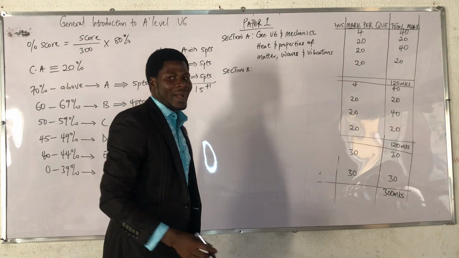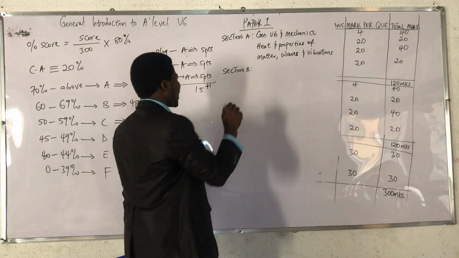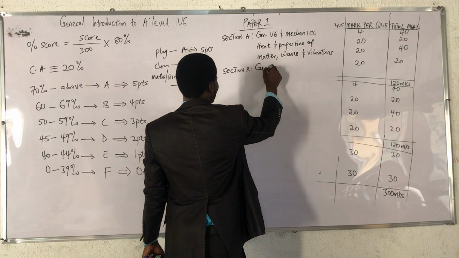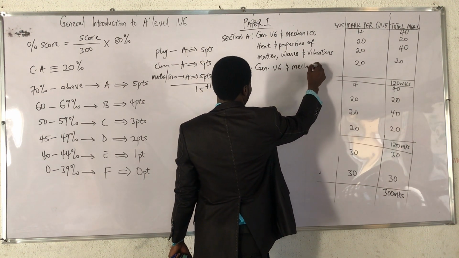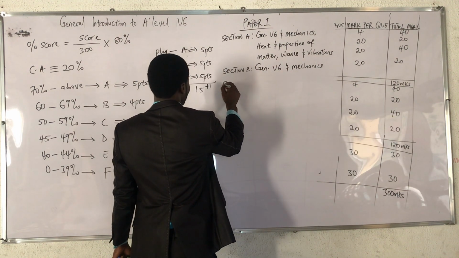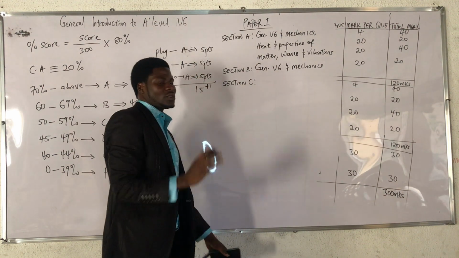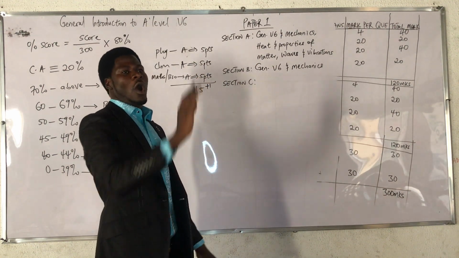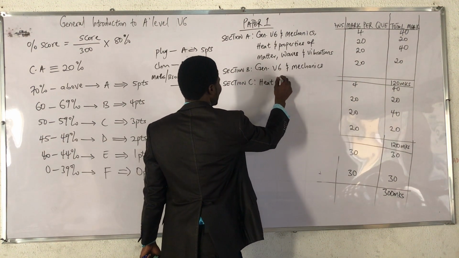Section B, remember I told you there are 2 questions there, you choose one. The 2 questions are coming from general physics and mechanics only. Then section C, there are 4 questions there. You choose 2. All the 4 questions are coming from heat and properties of matter only.